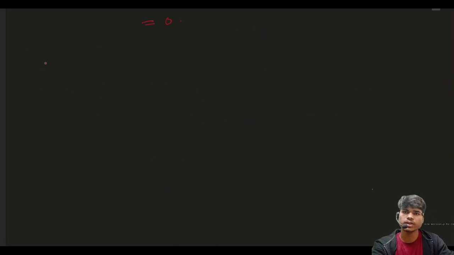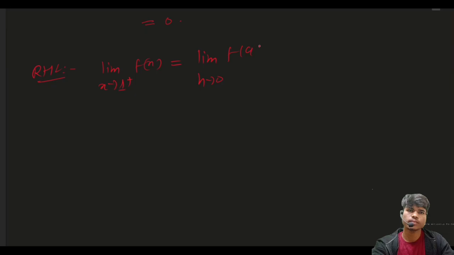And similarly we can find right hand limit x tends to 1 positive f of x. We can write this like limit h tends to 0 f of 1 plus h. So we have limit h tends to 0 box 1 plus h. Here we are adding a very small number to 1.